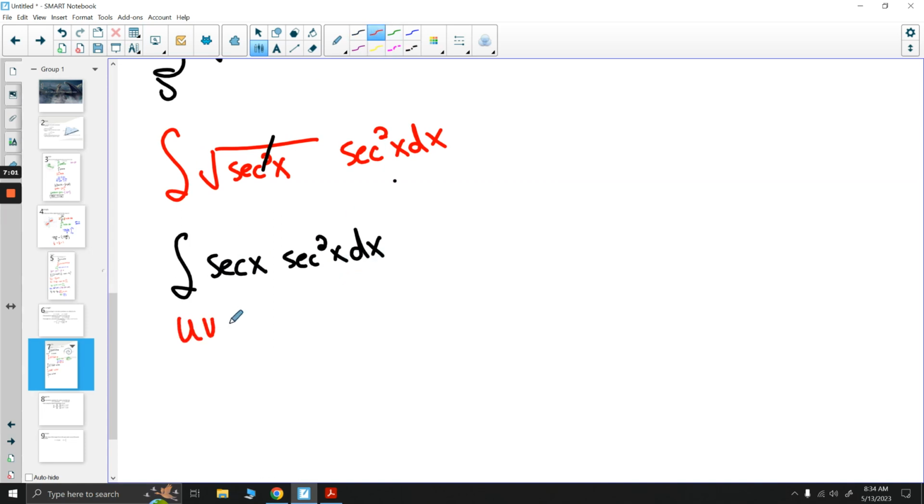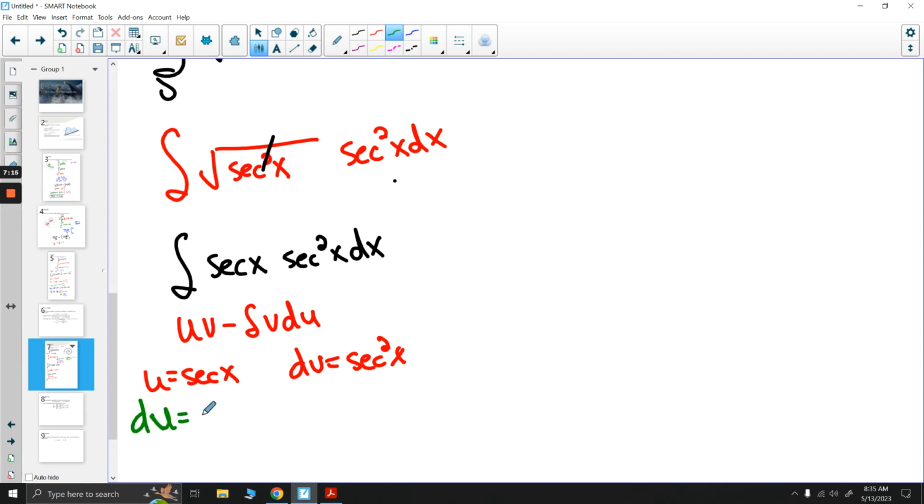So uv minus the integral of v du, where our u here is secant x, and our dv is going to be secant squared x dx. We differentiate, so du is equal to secant x tangent x dx.